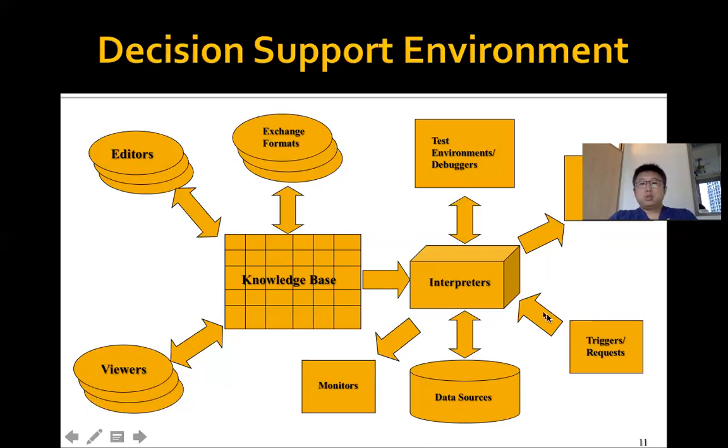So here they will trigger something to the user. That is good material if you are going to write a paper about creating a system. You need a diagram that looks like this.